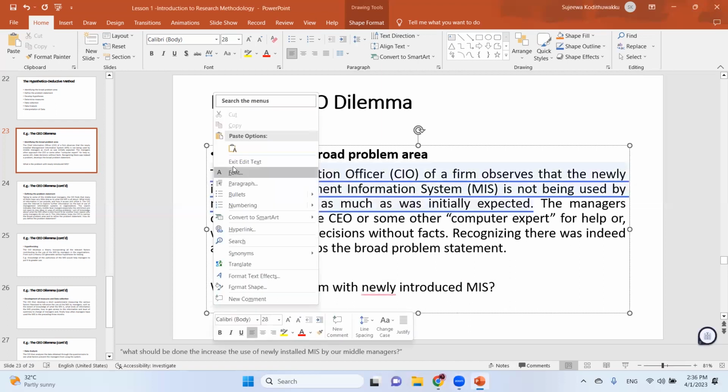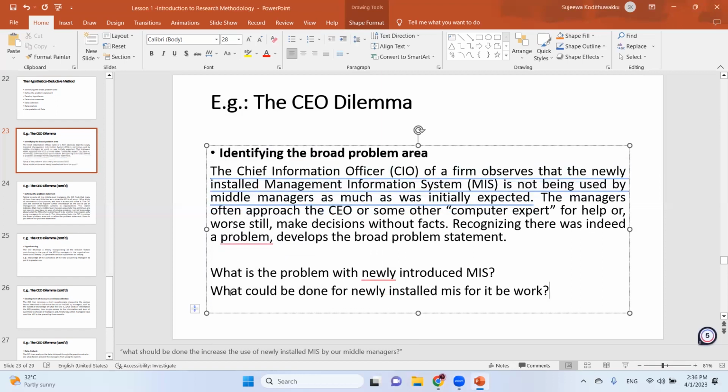It is nearly 75% correct. As a research problem or problem statement, indirectly, okay, right?